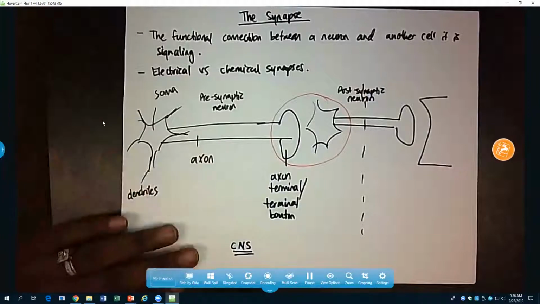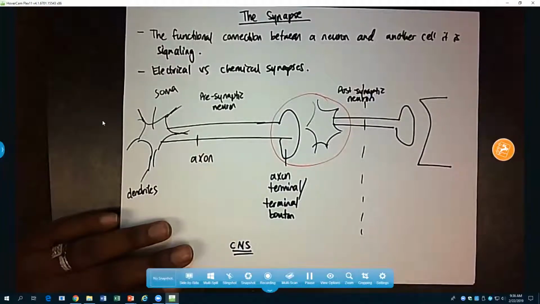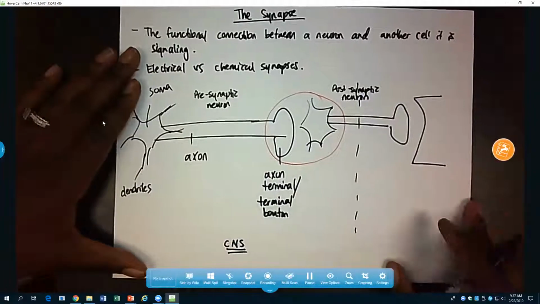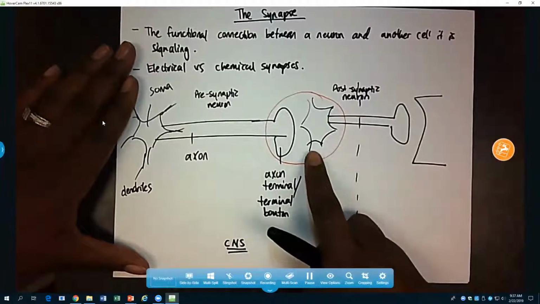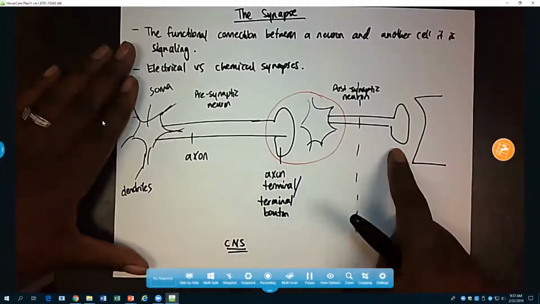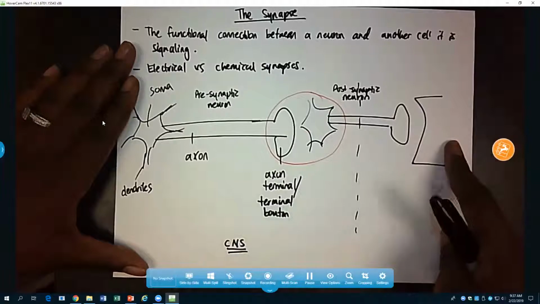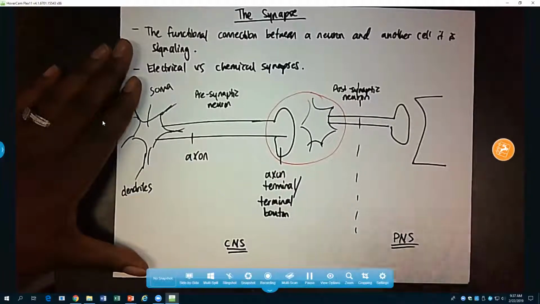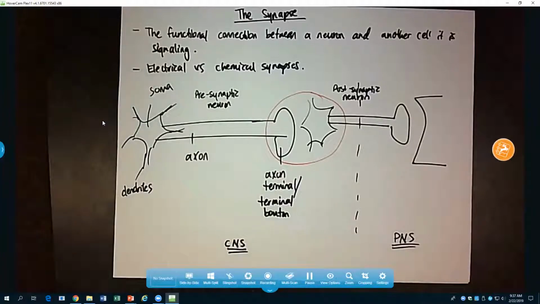Okay. Now, when we leave the central nervous system, and when I say central nervous system, I'm referring to brain and spinal cord. When I say peripheral nervous system, it's everything outside of that. Okay, so your peripheral nerves and so on and so forth. The second neuron will leave the central nervous system and it will travel out into the peripheral nervous system and it will synapse with some other type of tissue.